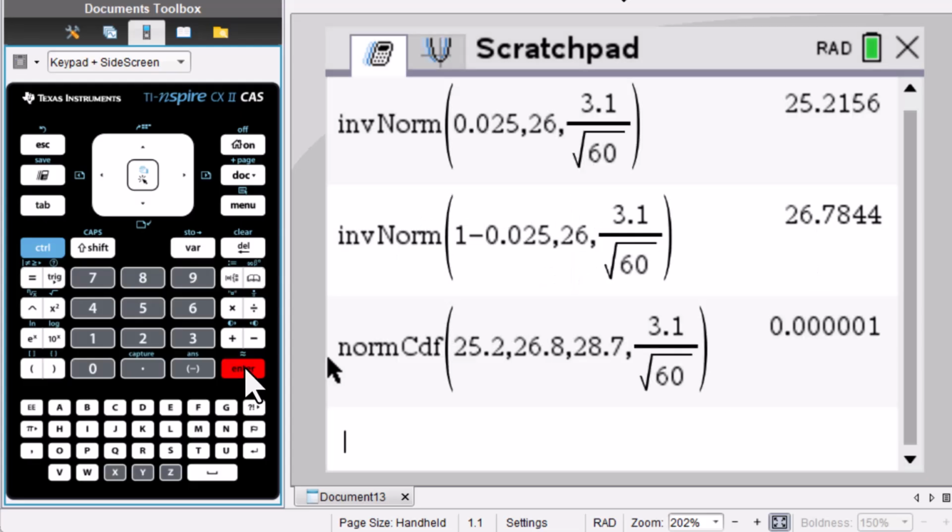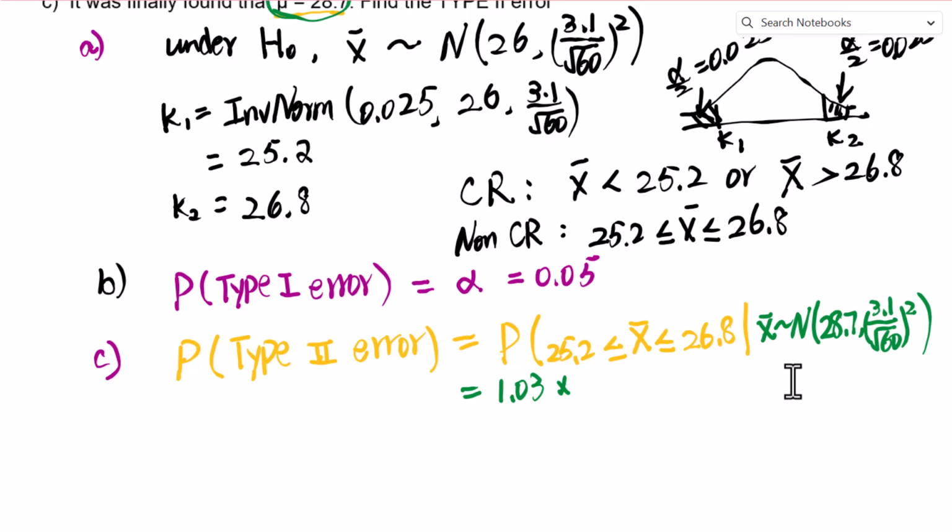Enter. Answer is 0.000001. Let's go up, pull this down. We got 1.03 times 10 to the negative 6 power.